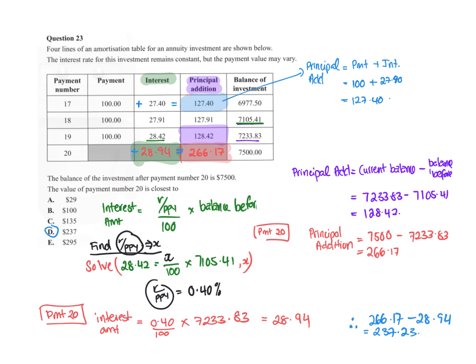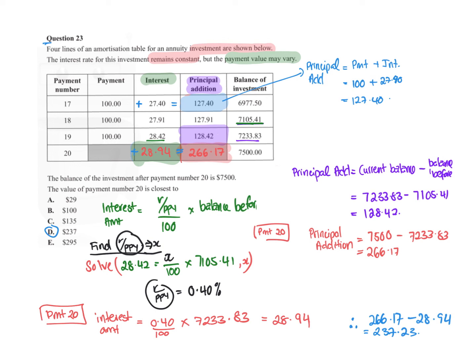Okay, so with this question, it says the 4 lines of the amortization table in an annuity investment are shown below. The interest rate for the investment remains constant, so that's important, so you know it's not changing. But you have to be really careful here. They are saying the payment may vary. Now, because it's question 23, it's later on in the exam, so you'd be expecting to do something else.